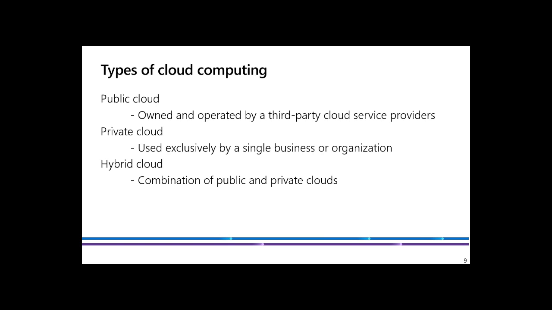Next, the private cloud. A private cloud refers to cloud computing resources used exclusively by a single business or organization. A private cloud can be physically located in the company's on-site data center.